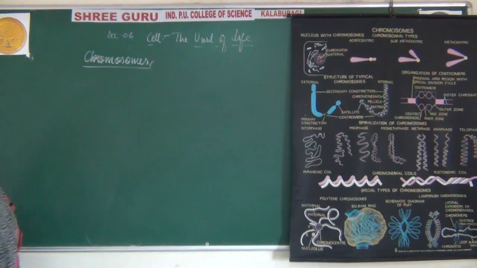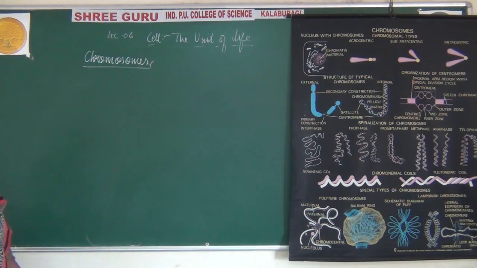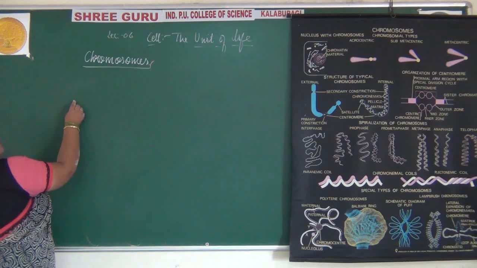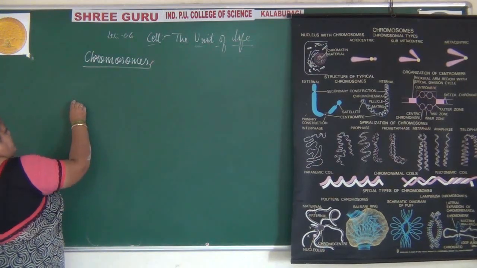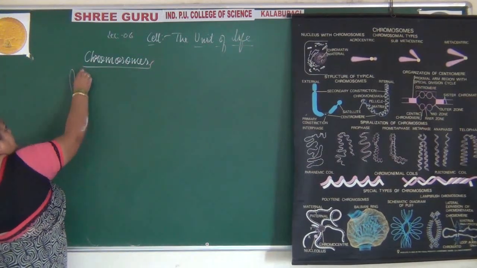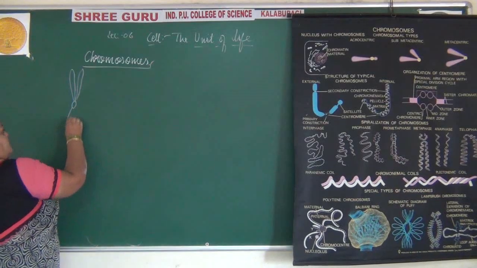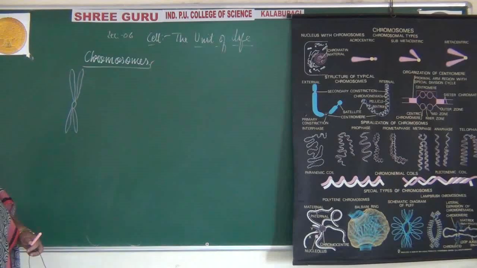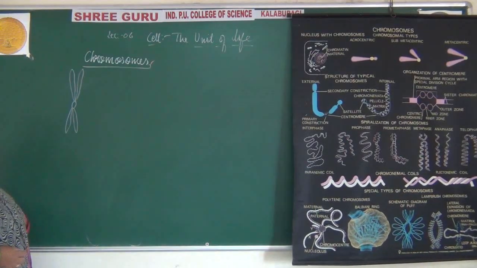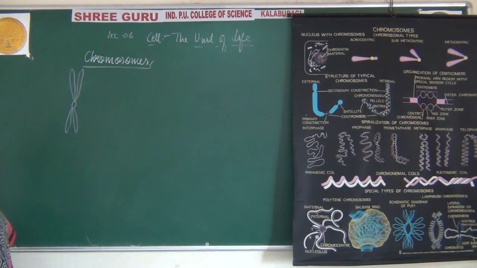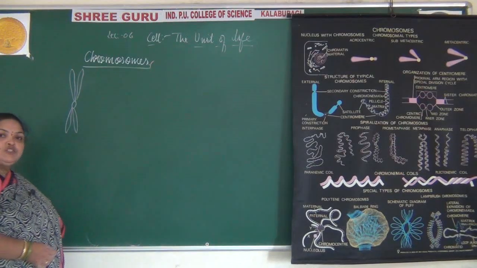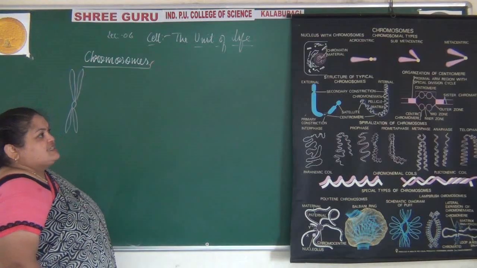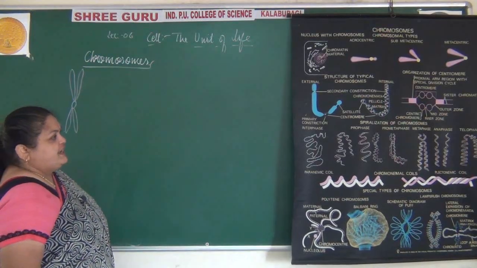If you observe the diagram, this is the centromere and these are the chromatids. Based on the position of the centromere, chromosomes are classified into 4 types.